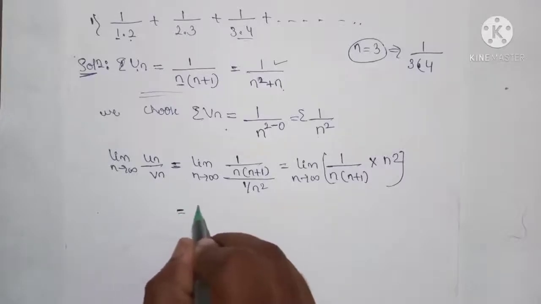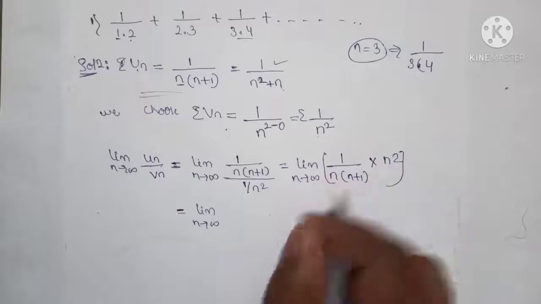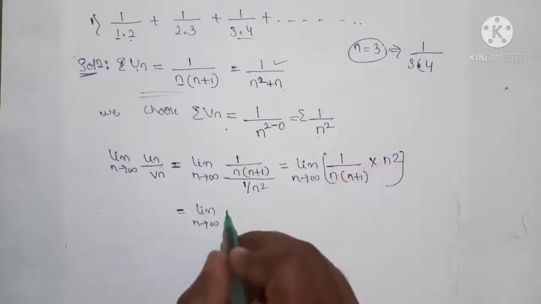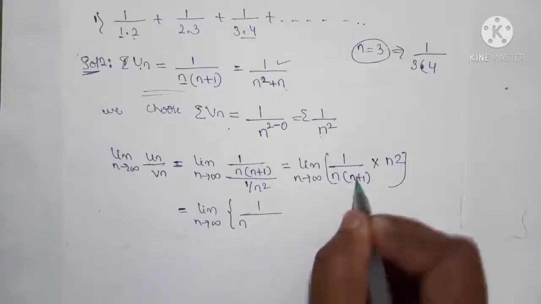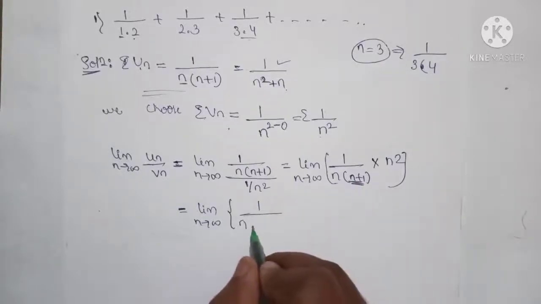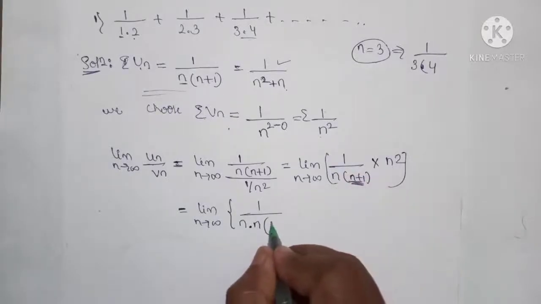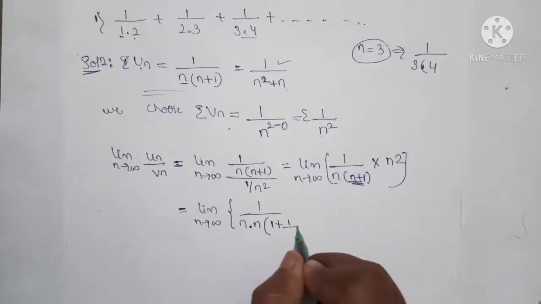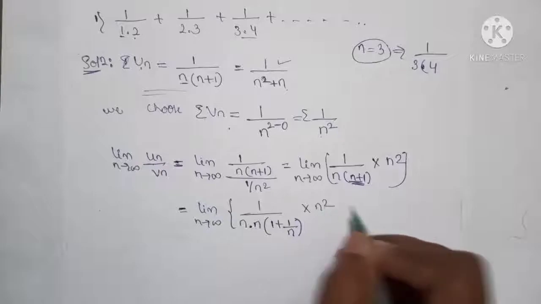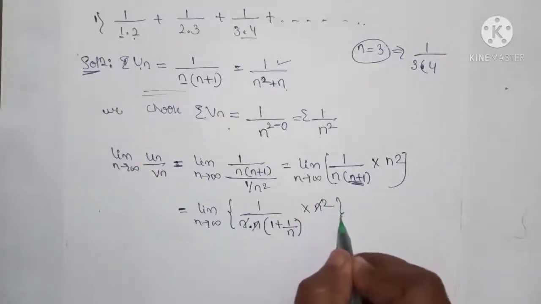So the limit as n tends to infinity, we take n common in the denominator. That is 1 divided by n as it is, and we take n common from this bracket term. So if we take n common, you will get 1 plus, and here there is no n term, therefore we write it as 1 divided by n into n square as it is. Now this n square and this n square cancel.